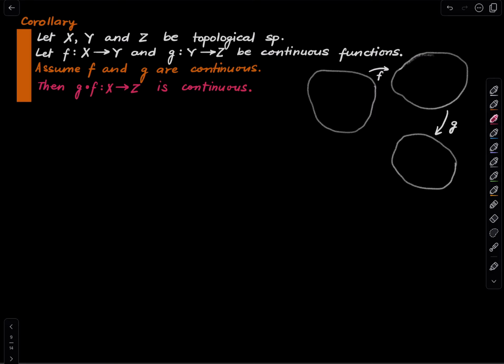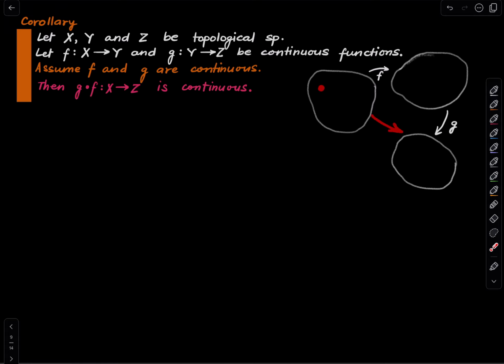So we already know this. In fact, what we have shown earlier is that if f is continuous at a point and g is continuous at the image of that point, then the composite is continuous at that point. We saw this. So we can just use that. We want to show that the composition is continuous, which is to say that the composite is continuous at every point.